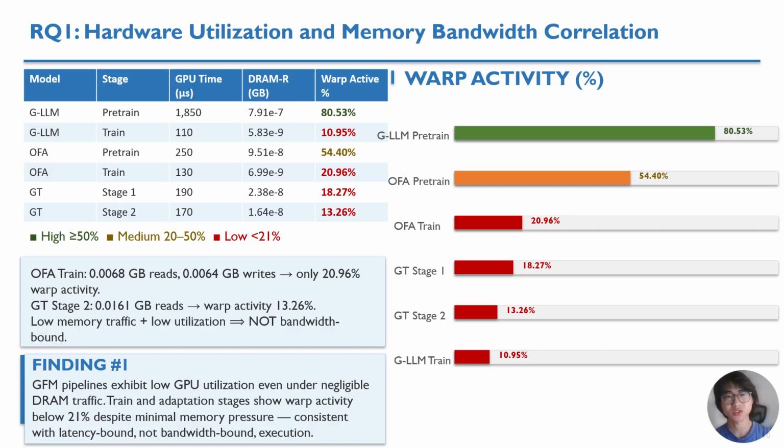Train and adaptation stages show warp activity below 21% despite minimal memory pressure, consistent with latency-bound, not bandwidth-bound execution.